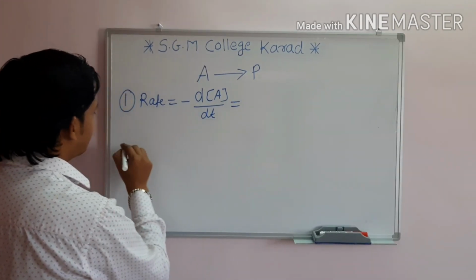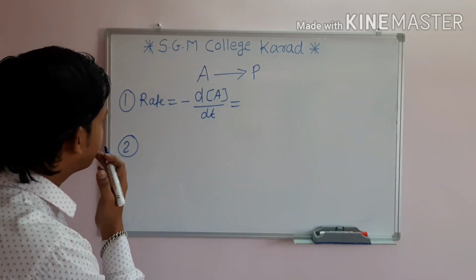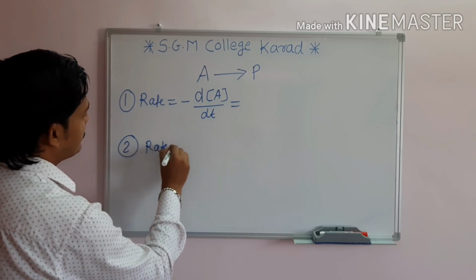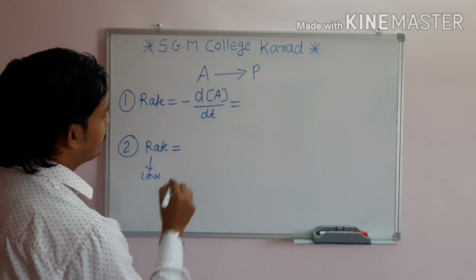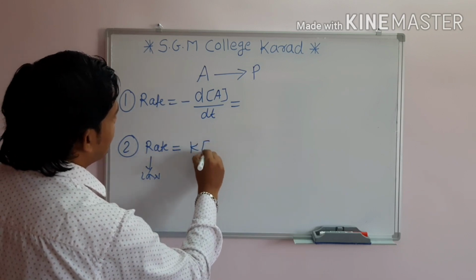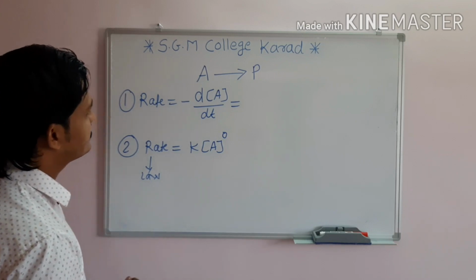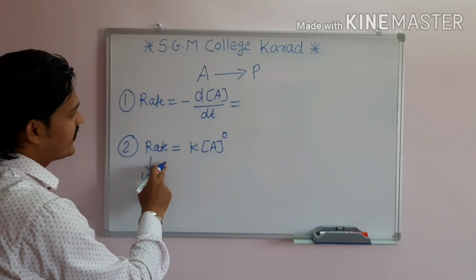to, no, I am writing another way. I am combining that a little bit. Now rate of reaction, that is the rate law. हा कसा आलेला आहे, rate law is found to be k is equal to [A] power 0. This is how to express rate of reaction and rate law.